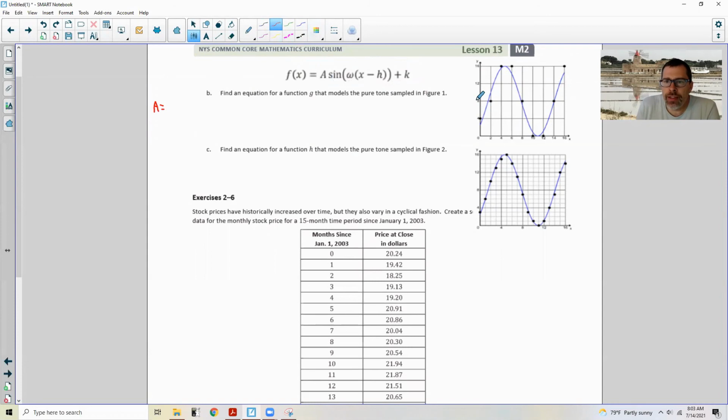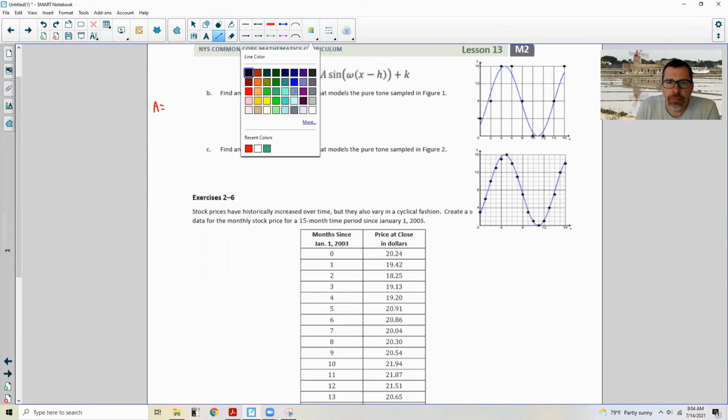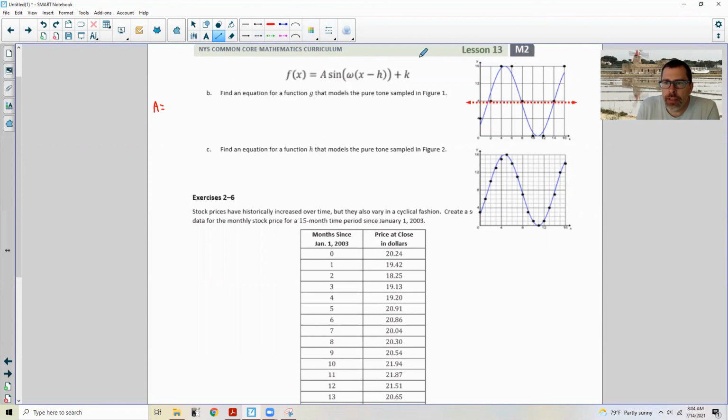Amplitude is the distance from your midline to your maximum, or your midline to your minimum, which is equal. So the first thing I'm going to do is draw my midline. The midline is halfway between the max and the min. Well, the maximum here is 16 and the minimum is 0. So the midline is 8.